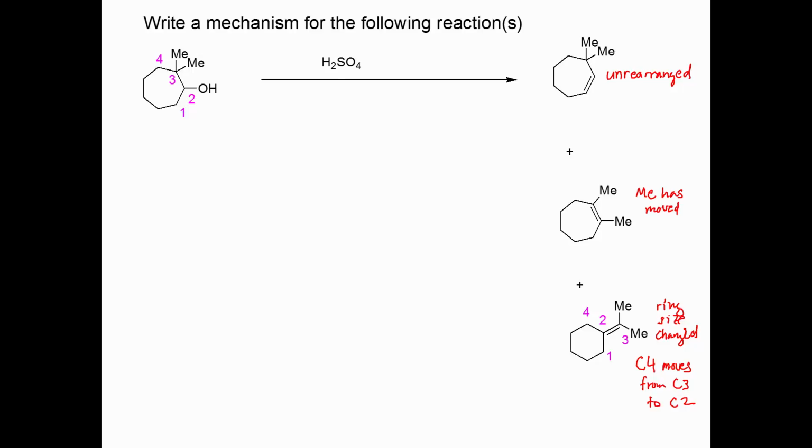All right, and it seems like we break the C3-C4 bond completely, because there's no bond between 3 and 4 in the product. Okay, so let's think about how we would write this mechanism.